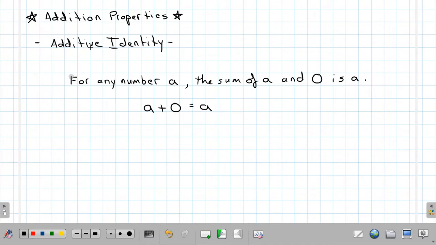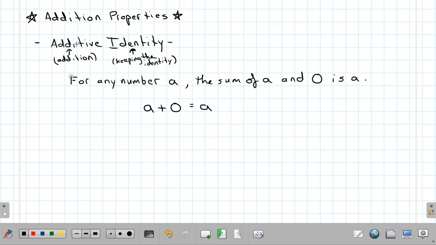So when you think about the term additive identity, well, the word additive means we're going to be doing addition. And then when you think of the word identity, you want to think of keeping your identity.